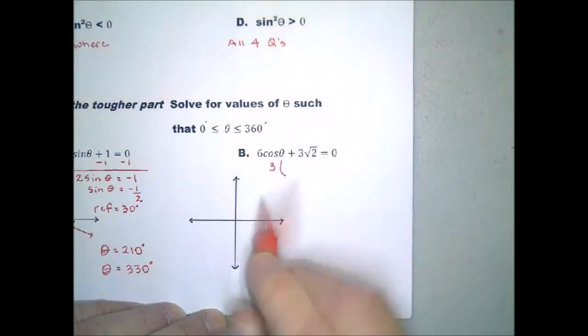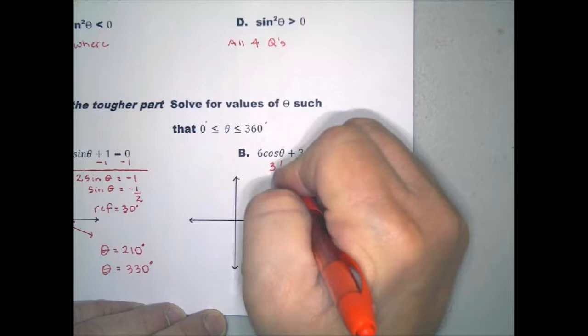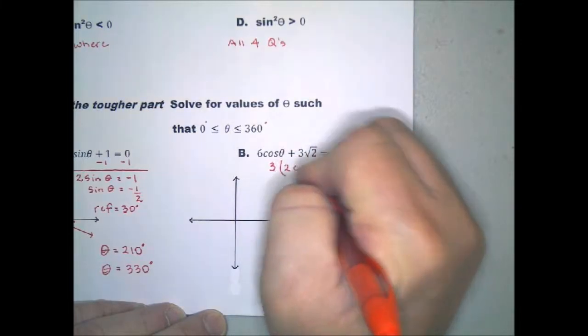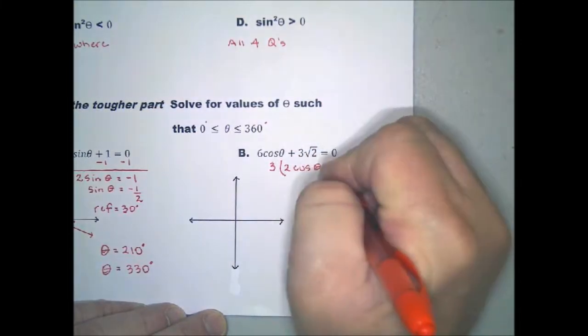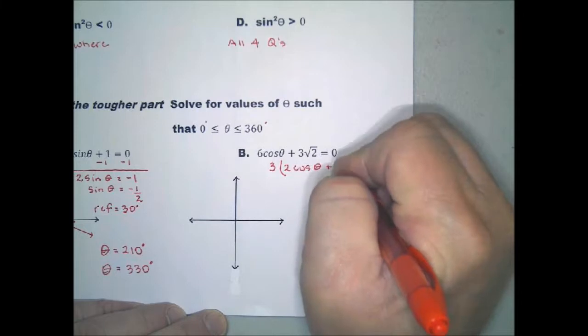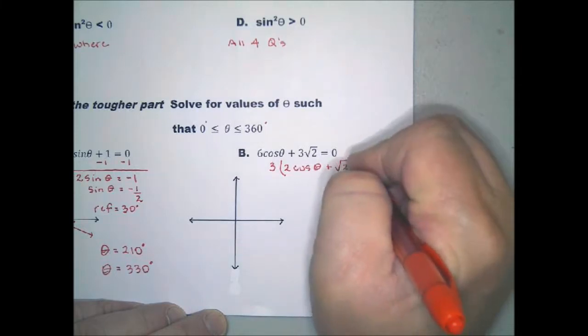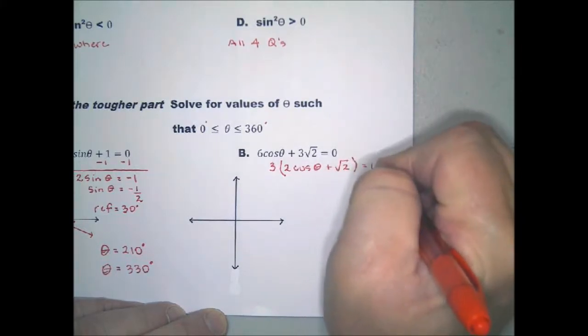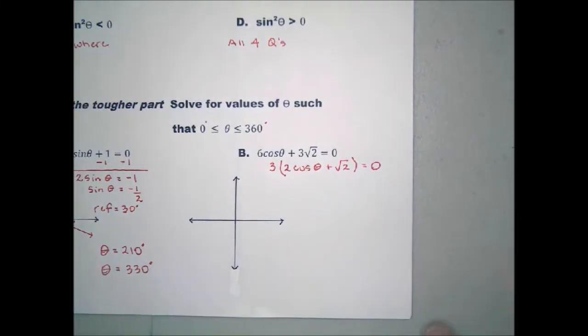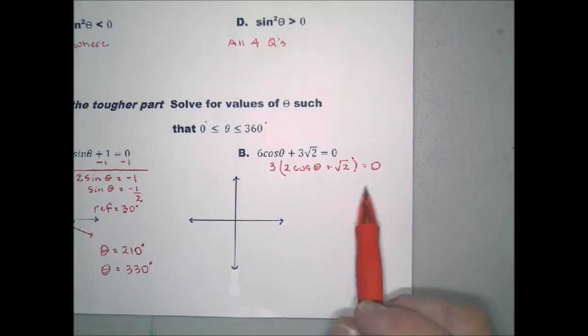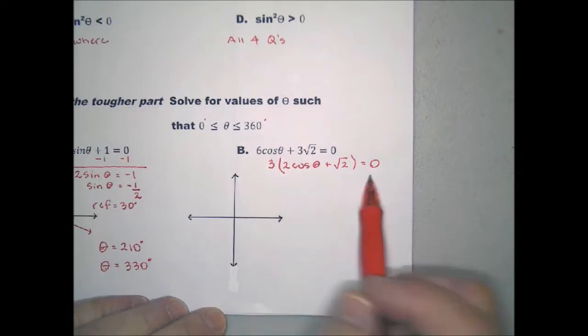And that's going to give me 2 cosine theta plus square root 2 equals 0. Now, what I'm going to do at this point is I am going to divide everything by 3.